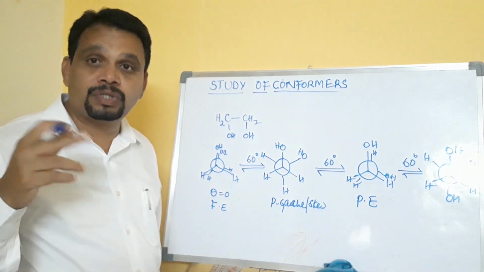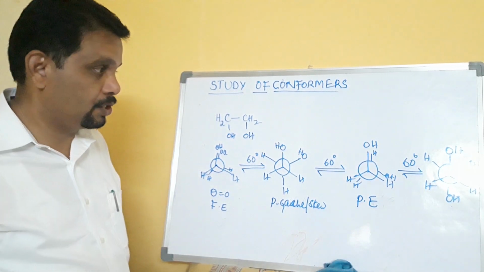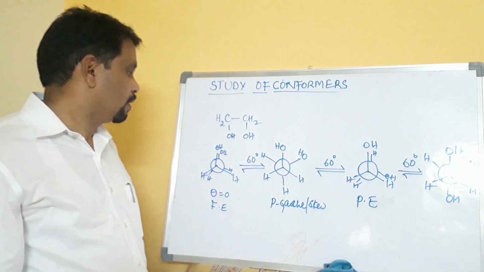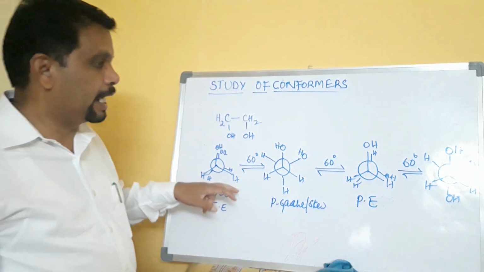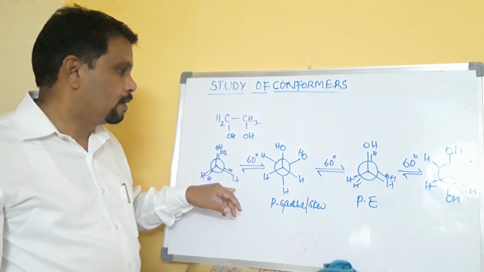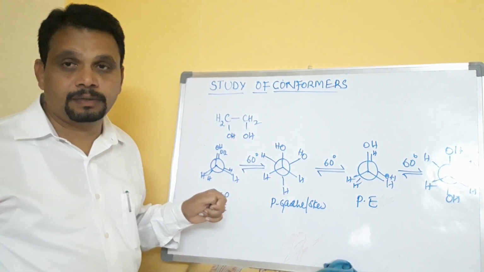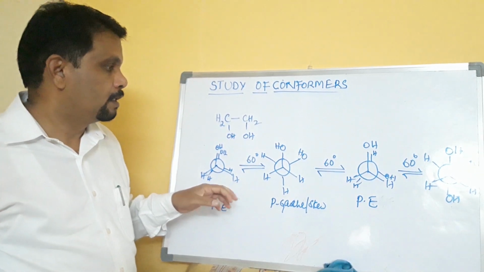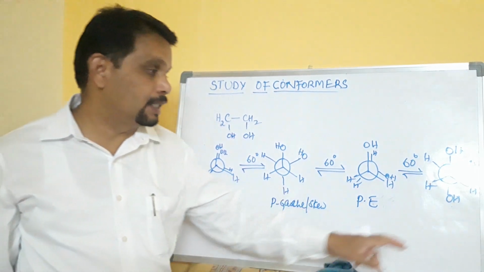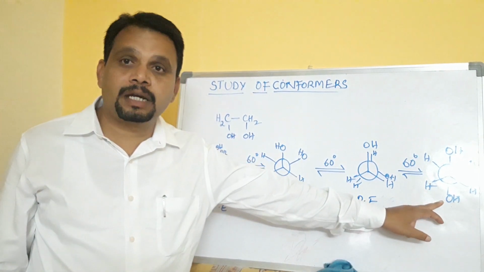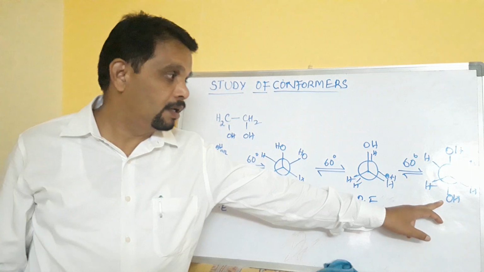Those things you need to analyze. So in this case, what would be the most stable conformer? Some of you think that the anti or staggered conformer is more stable.